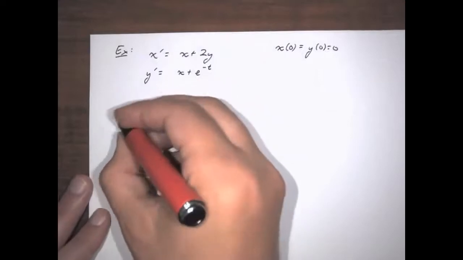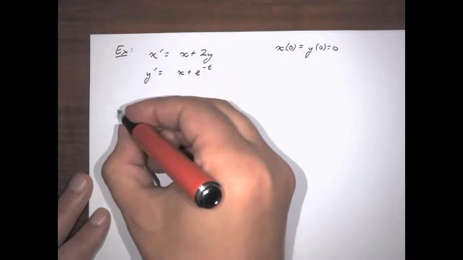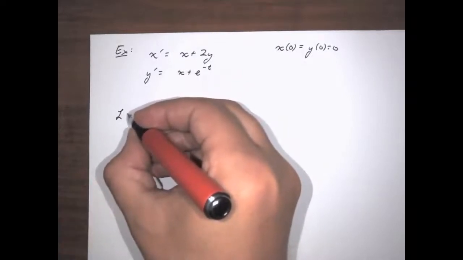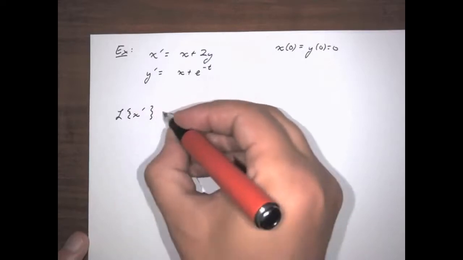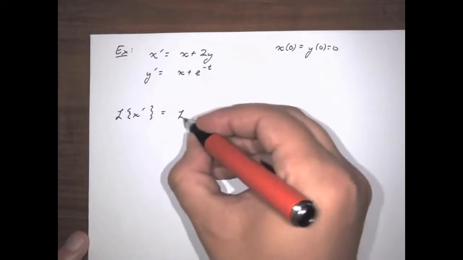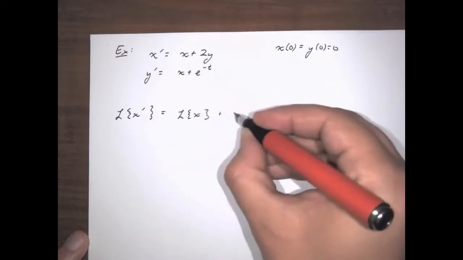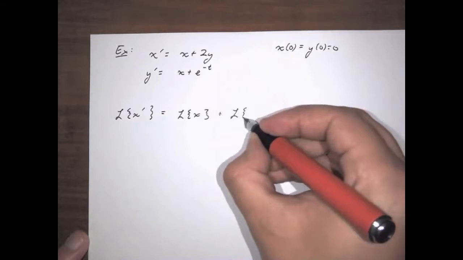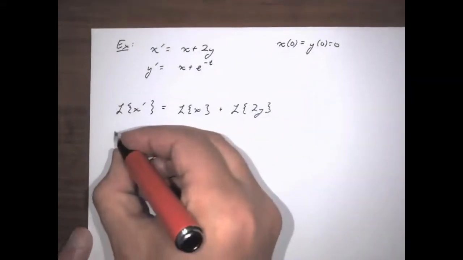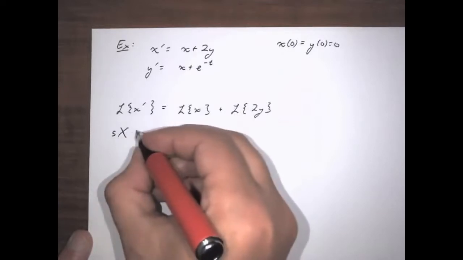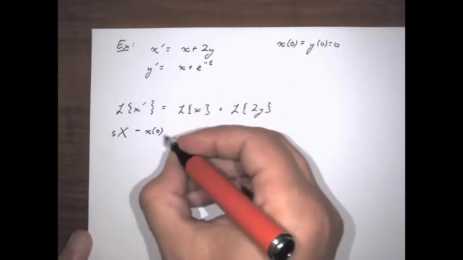So what we'll just do is we'll apply the Laplace transform to both sides of each of these equations. So the Laplace transform of x prime is going to equal the Laplace transform of x plus the Laplace transform of 2y. So this is going to be s times X minus x naught.